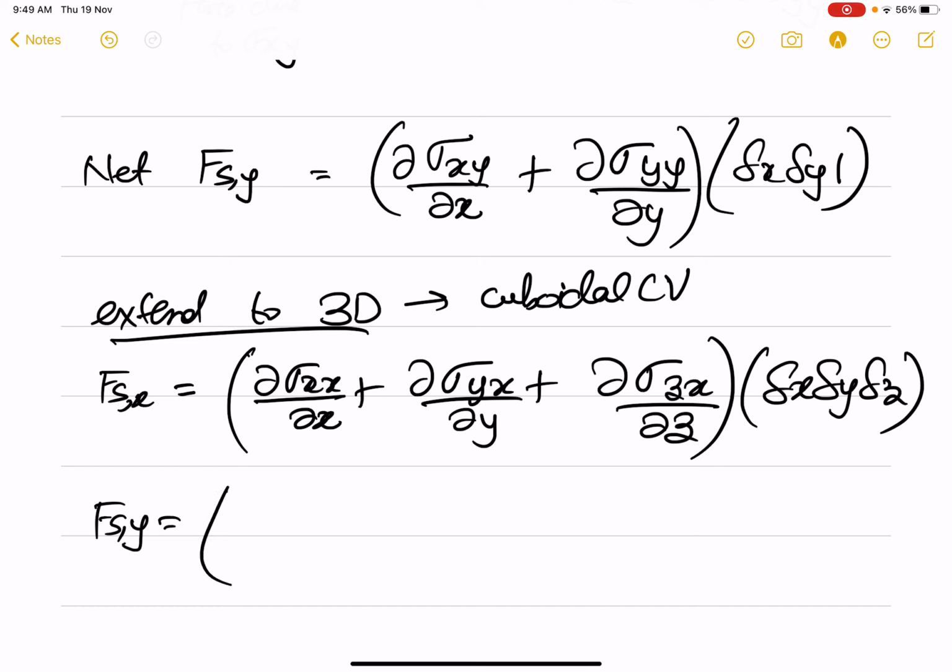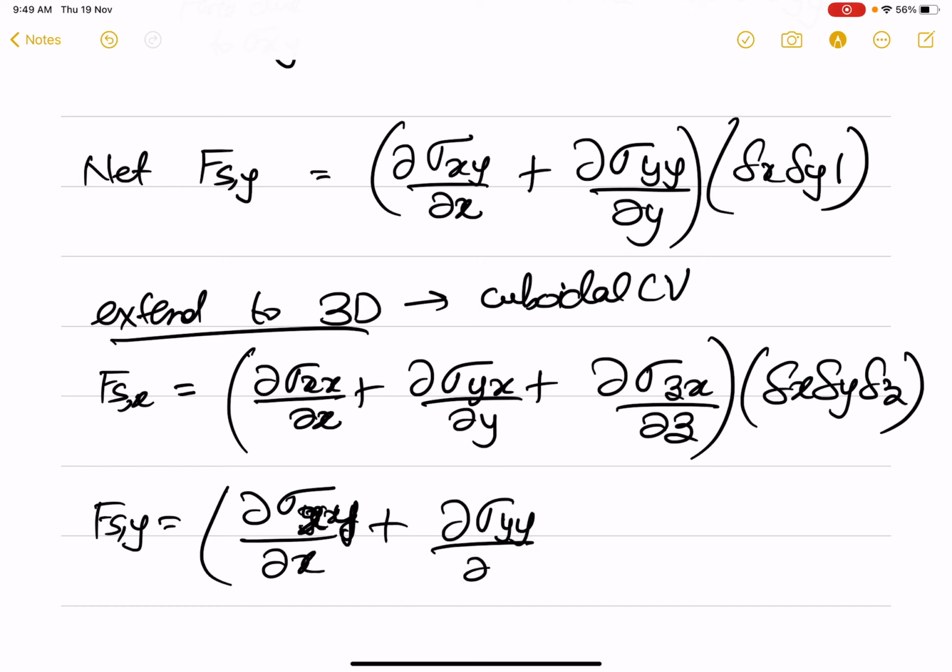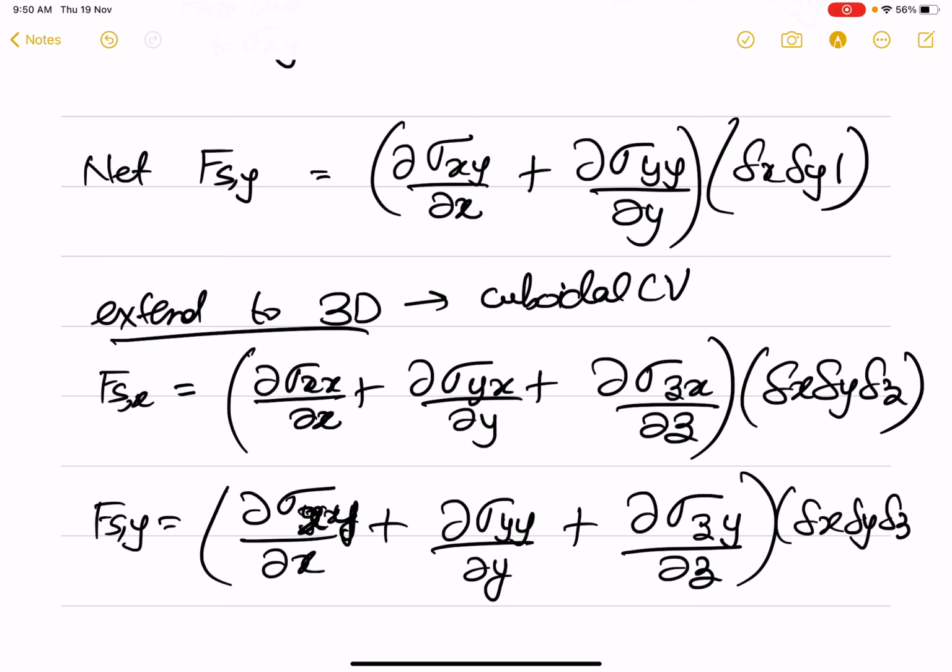In the y direction, this will become partial sigma xy by partial x. Sorry, this will be xy. The direction is x, the force direction is y, plus partial sigma yy by partial y plus partial sigma zy by partial z, where the area is z and the force direction is y, times delta x delta y delta z.